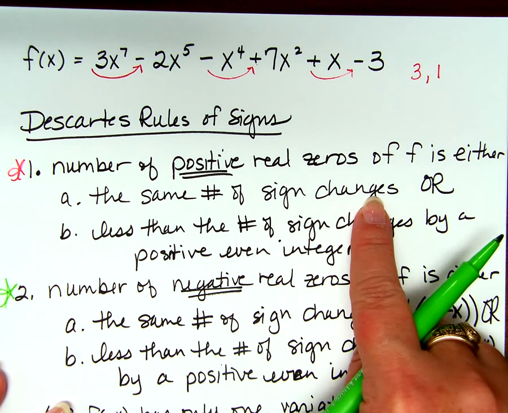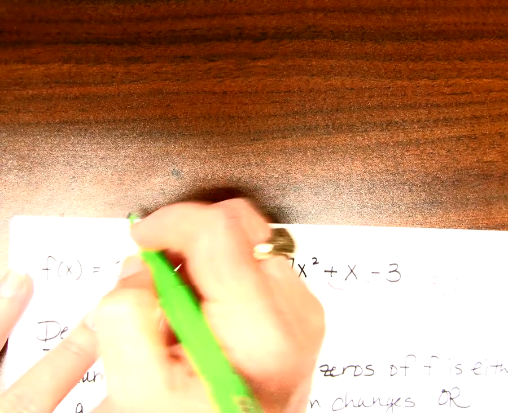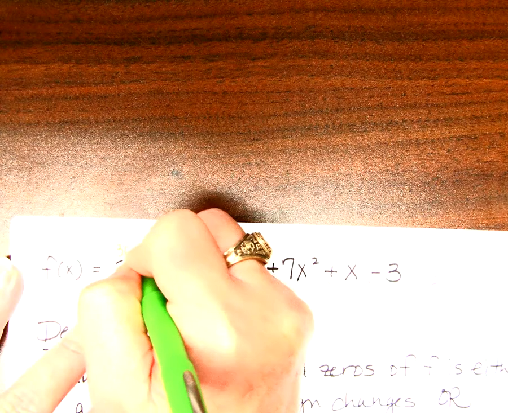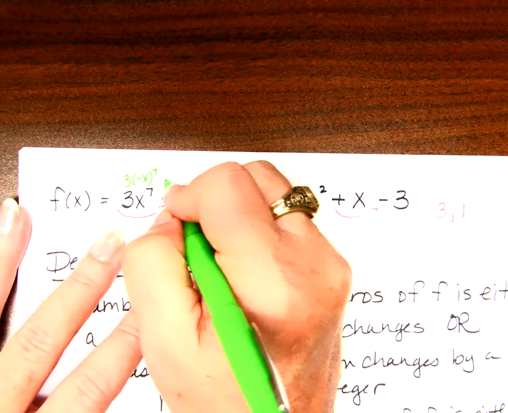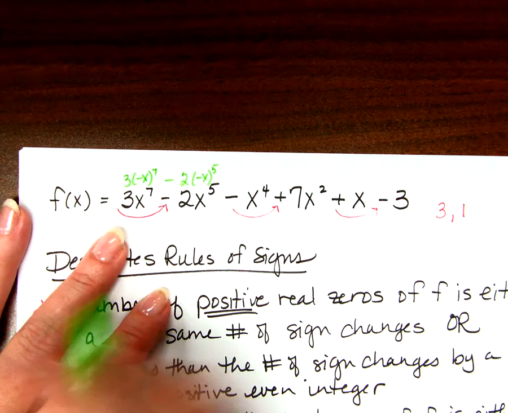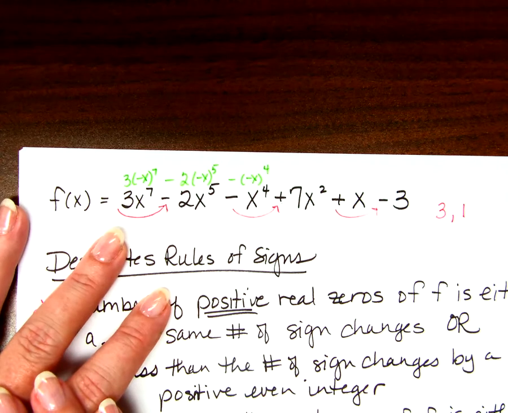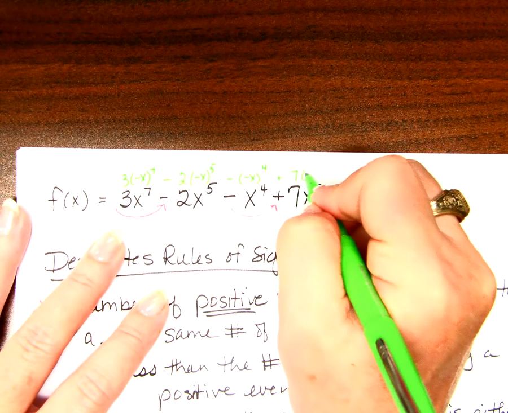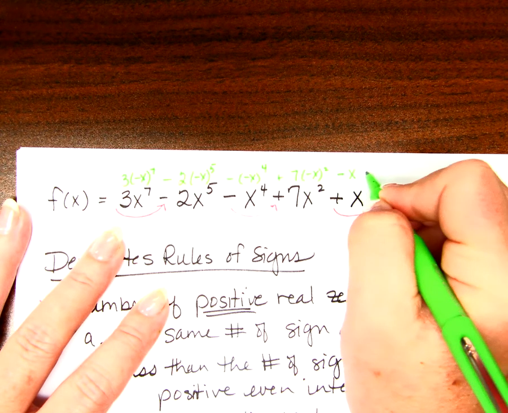Well, we have to find f of negative x. So I have 3 times negative x to the 7 minus 2 times negative x to the 5th minus negative x to the 4th plus 7 times negative x squared minus x minus 3.